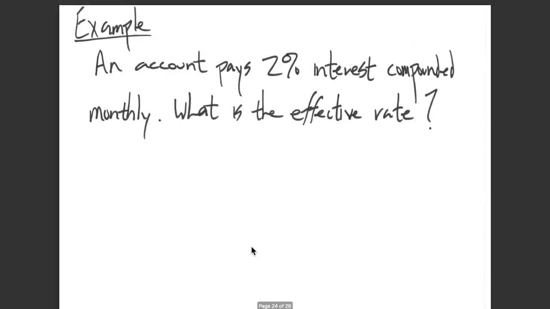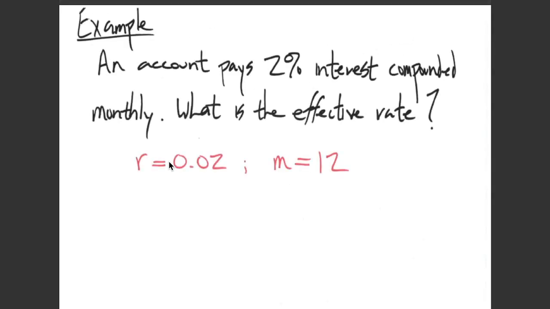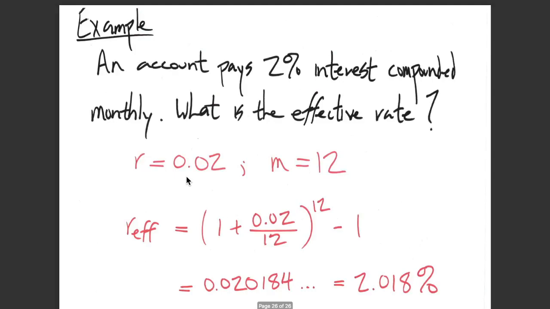So a quick example there: an account pays 2% interest compounded monthly. What is the effective rate? So the compound rate is 2%, and the compounding frequency is 12, again because of monthly compounding. So I'm just going to plug that into my formula for the effective rate.